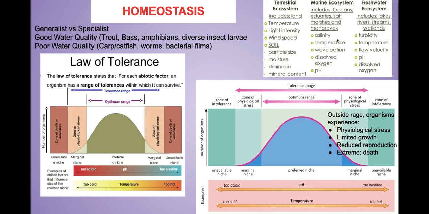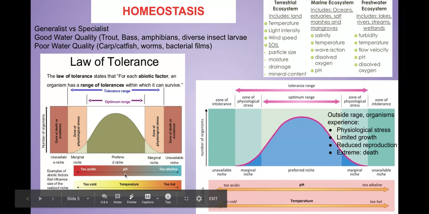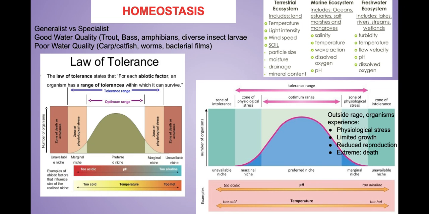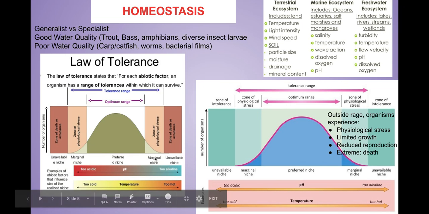We talked about something called the law of tolerance, which explains how these abiotic factors have a different effect depending on the type of organism we're talking about. For example, take pH as one of those abiotic factors.